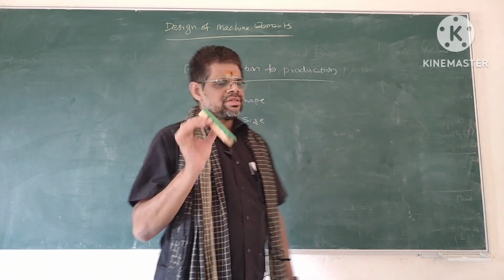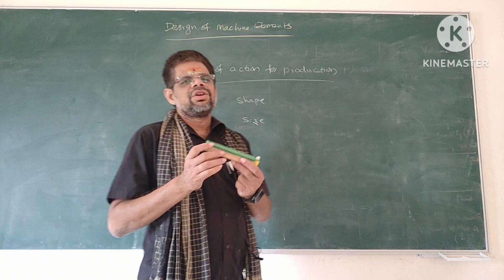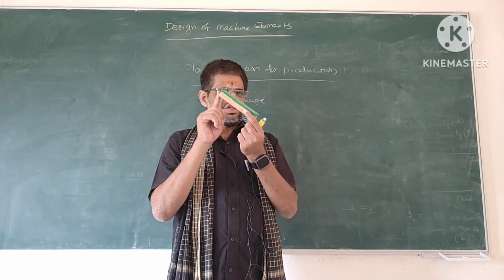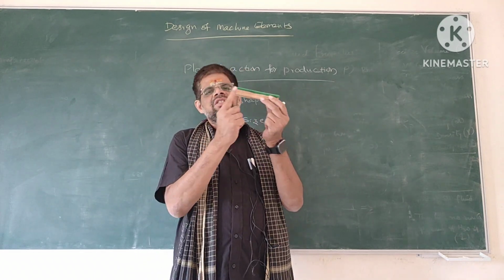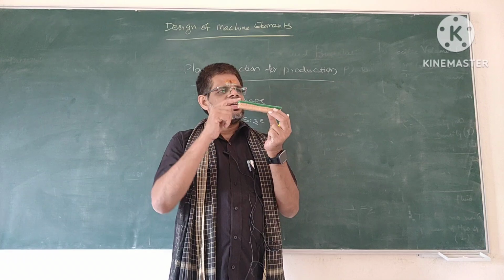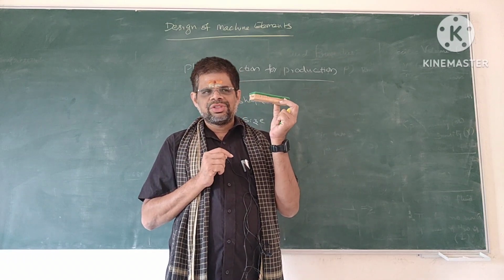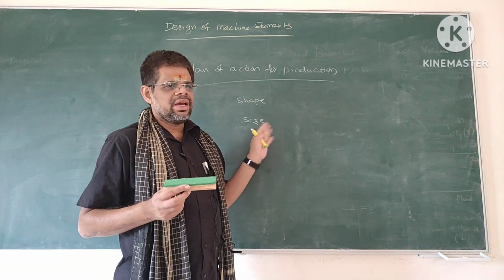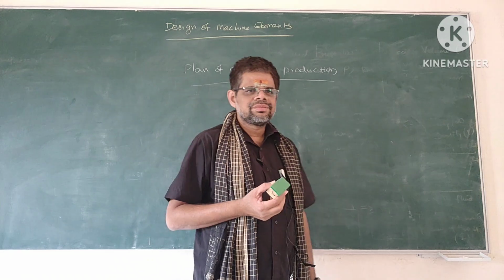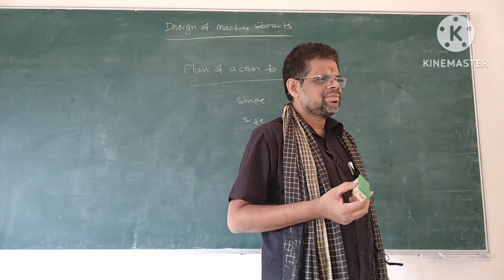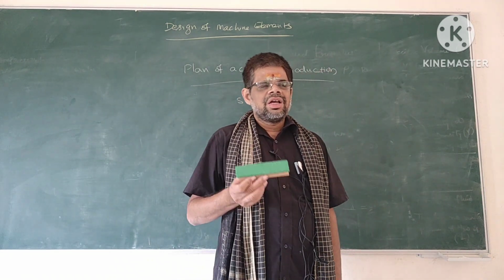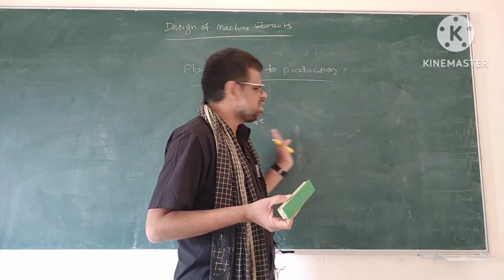Shape is okay. Size in the sense you have to determine the dimensions of this one, say length, thickness and breadth. Size is also okay. And what's next? Measurements is nothing but size.